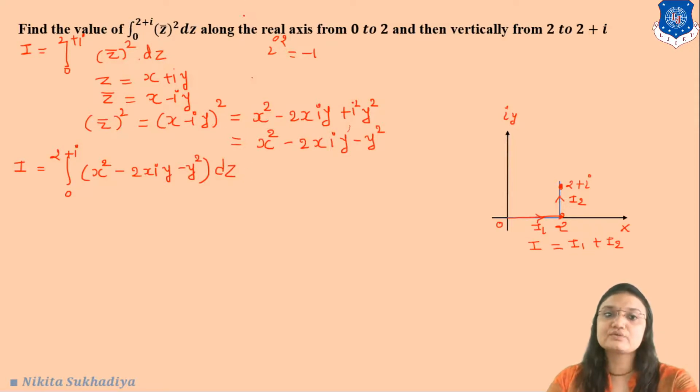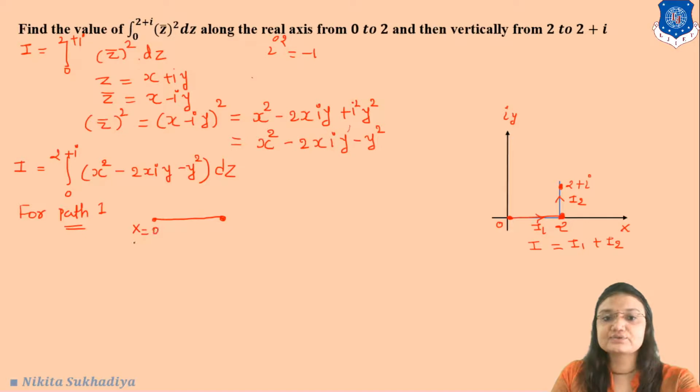Now first of all, evaluate this integral along path number 1, that is 0 to 2. For path number 1, we have a line like this.